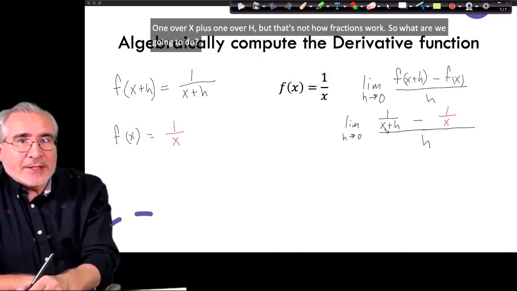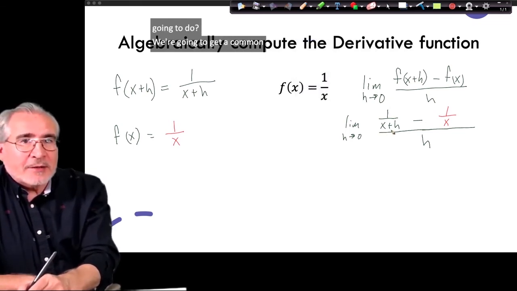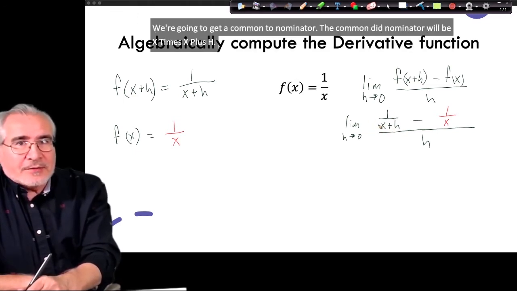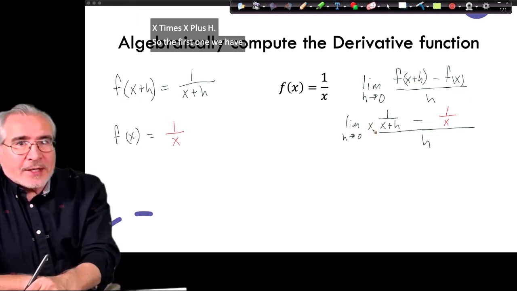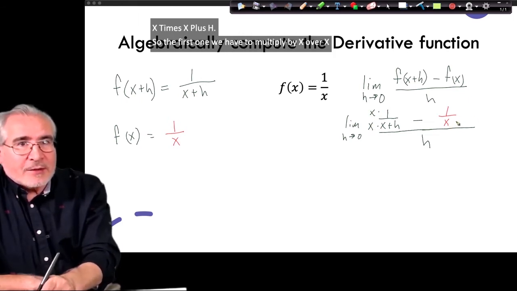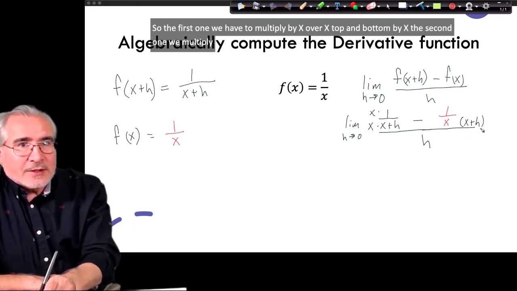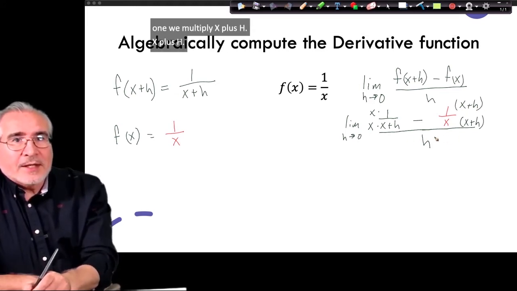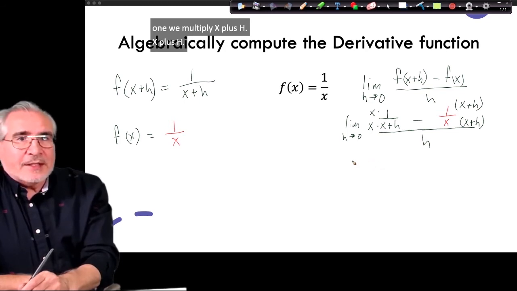So what are we going to do? We're going to get a common denominator. The common denominator will be x times x plus h. So the first one we have to multiply by x over x, top and bottom by x. The second one, we multiply by x plus h over x plus h. And again, it gets messy.